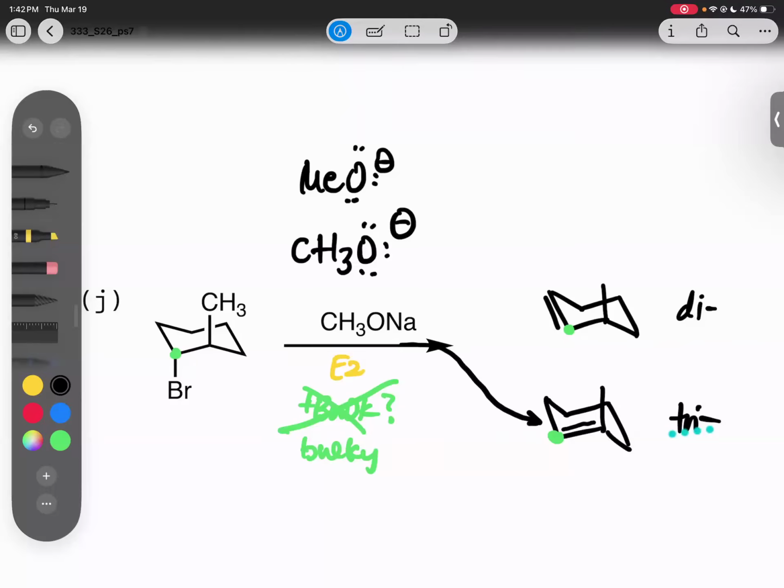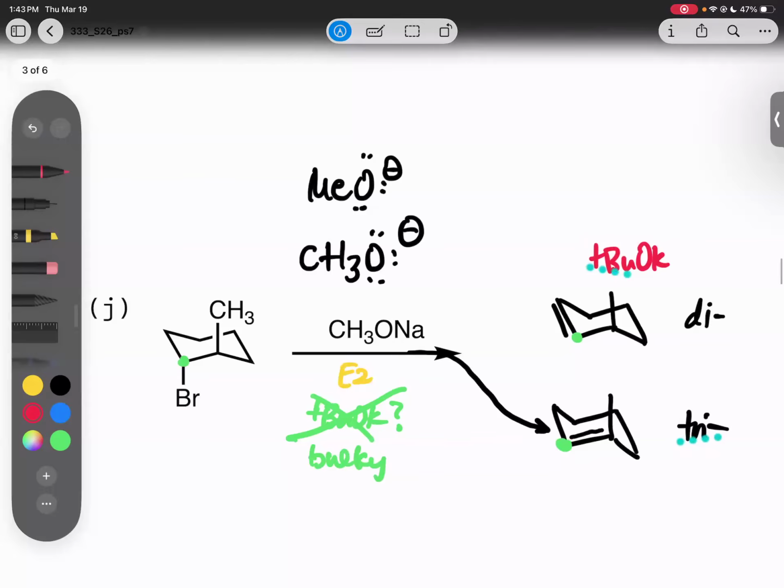That's the product that's going to be formed. To make the less substituted alkene, we would need potassium tert-butoxide.